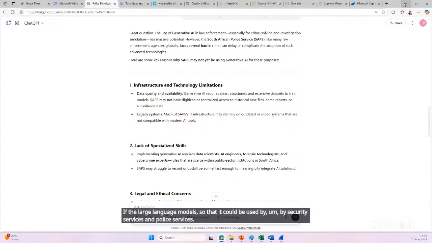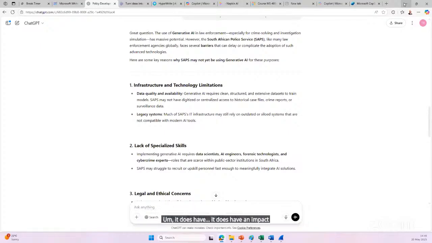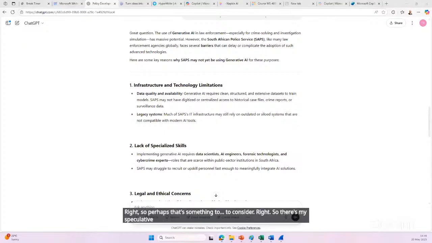It does have an impact on privacy though, so perhaps that's something to consider. So there's my speculative answer.